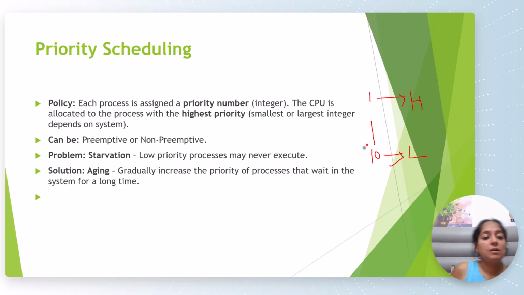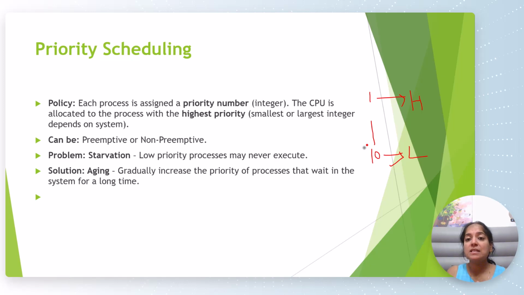Now, the process with higher priority will execute first, the CPU will be given to them, and the processes with lower priority are kept behind. Again, it can be preemptive and non-preemptive.